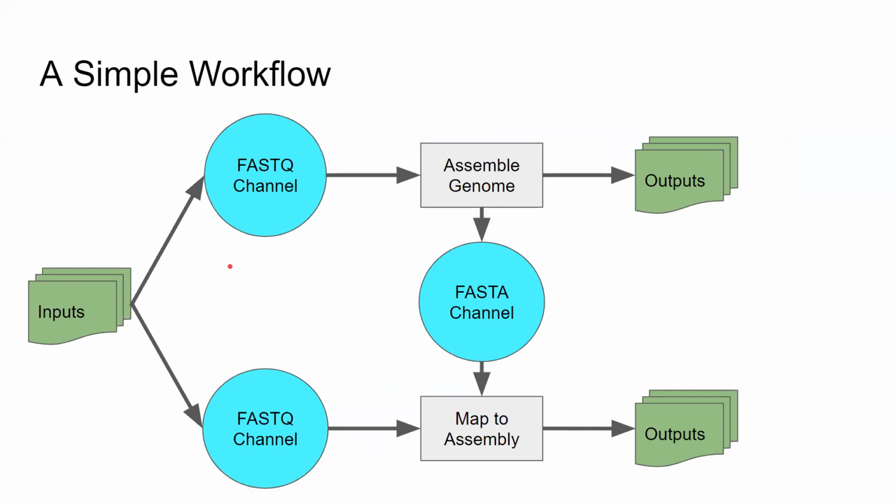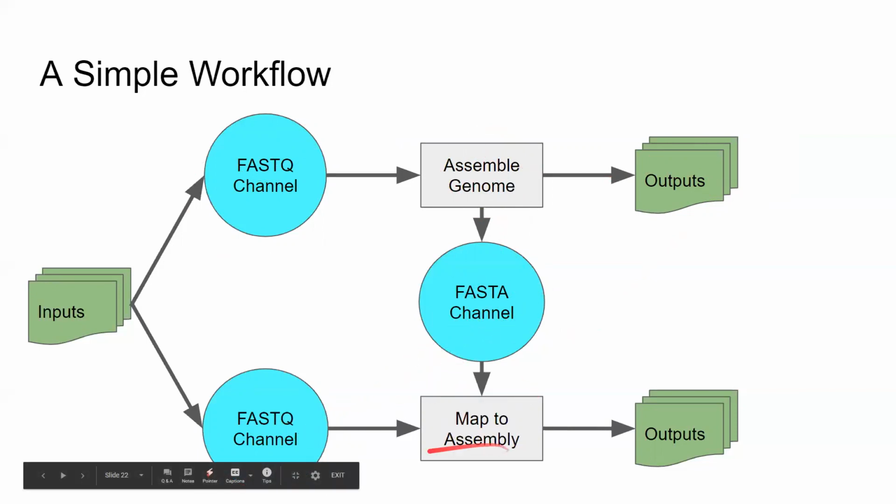If you want to see how crazy this becomes, I can show you with Bactopia. You end up with like 10 different channels that are the same exact thing. But yeah, the FASTQ channel gets assembled, and then that assembly gets put into outputs, but the FASTA file also gets put into a FASTA channel. Then you take these two and map the FASTQs to the FASTAs, and then you get your outputs. Great.